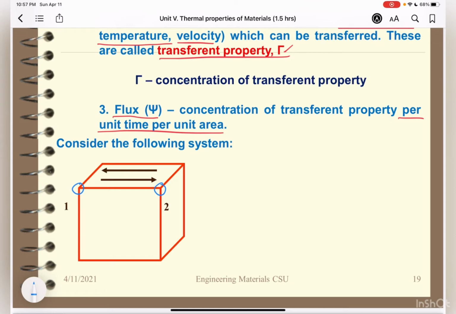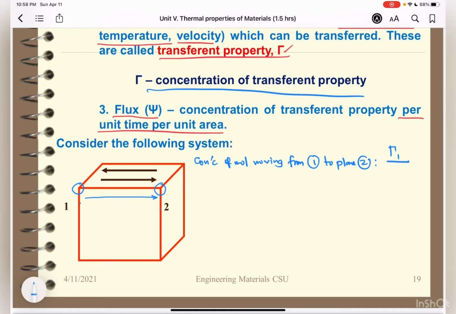So the concentration of molecule 1 moving from plane 1 to plane 2, let's write the concentration of the molecule moving from plane 1 to plane 2, would be the transferent property, or the concentration, gamma, over 6.